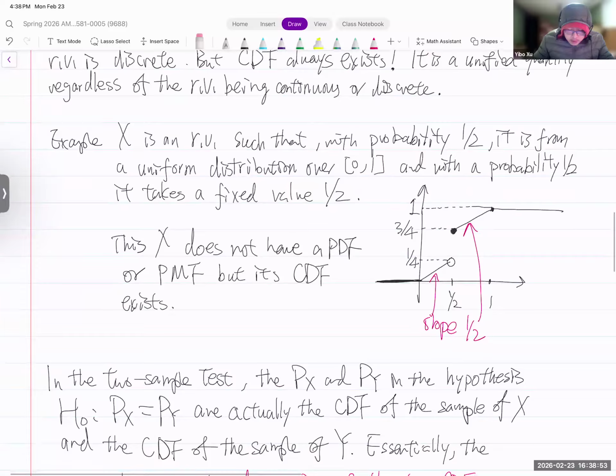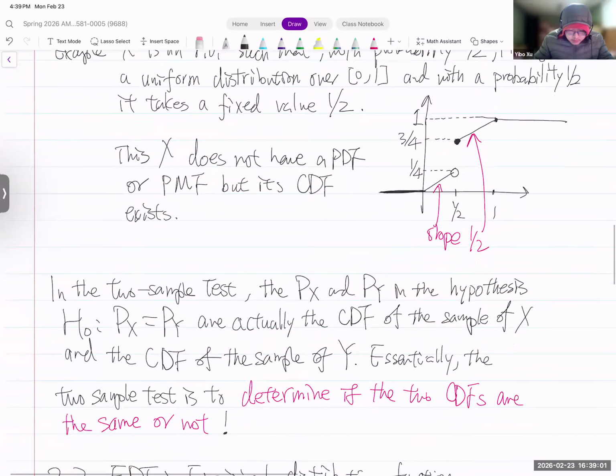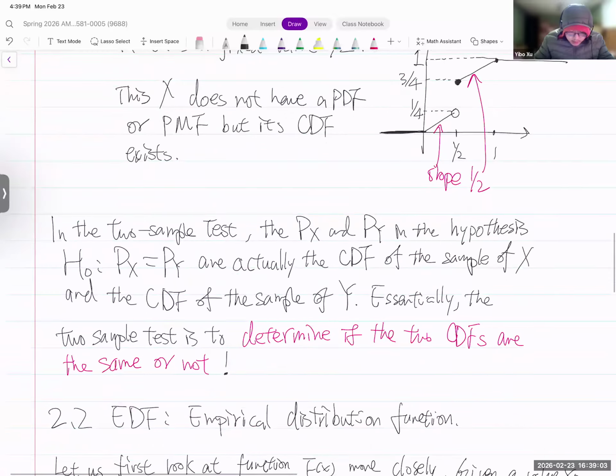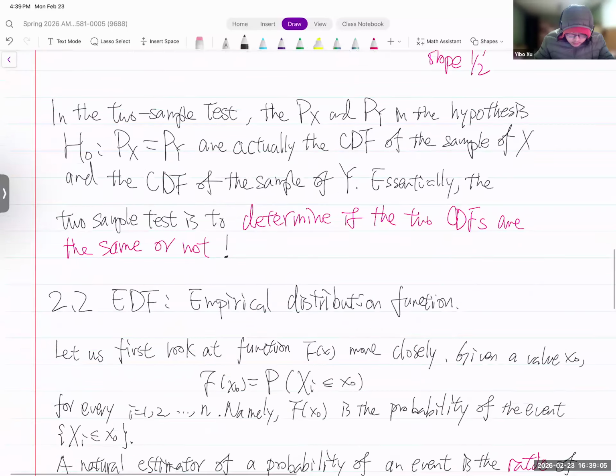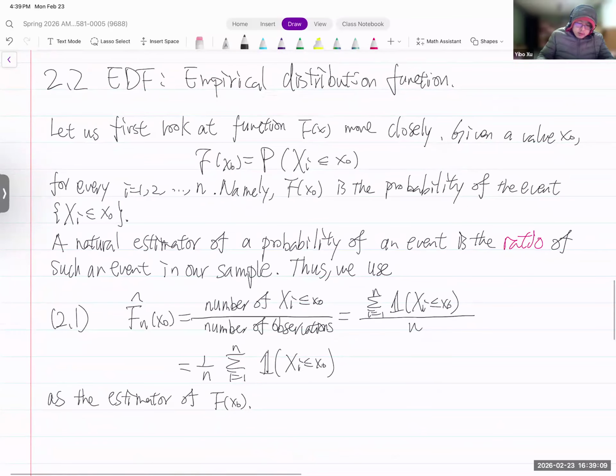So we would try to generate an estimate of the CDF from the sample. That's what we are heading towards. So we can start by defining the empirical distribution function.